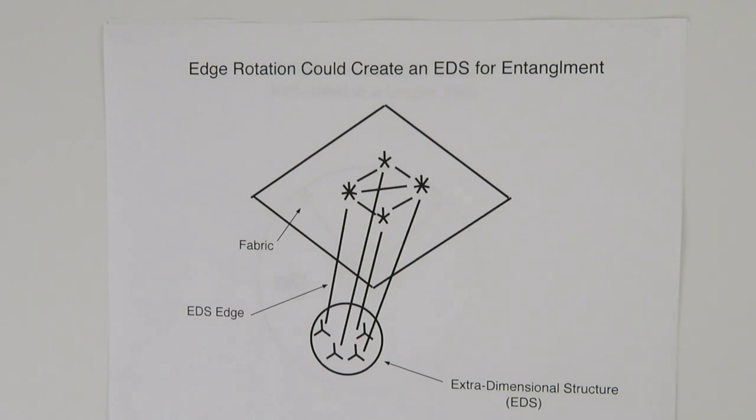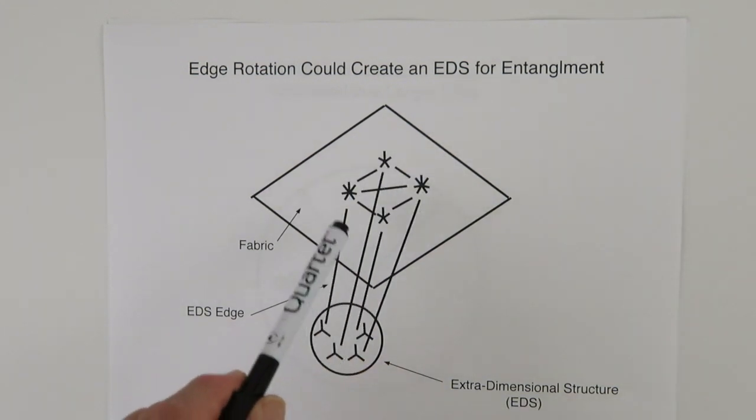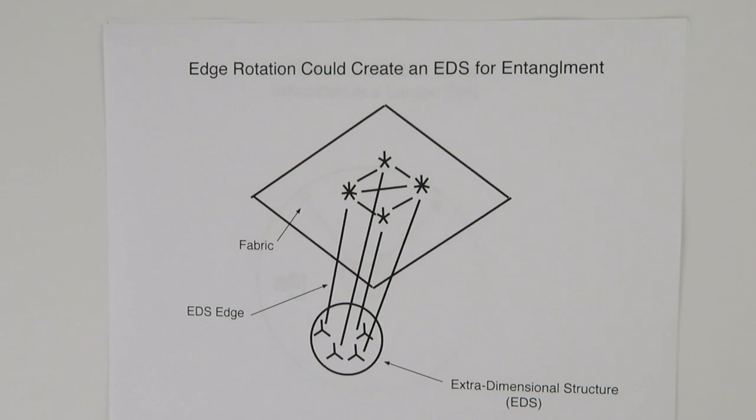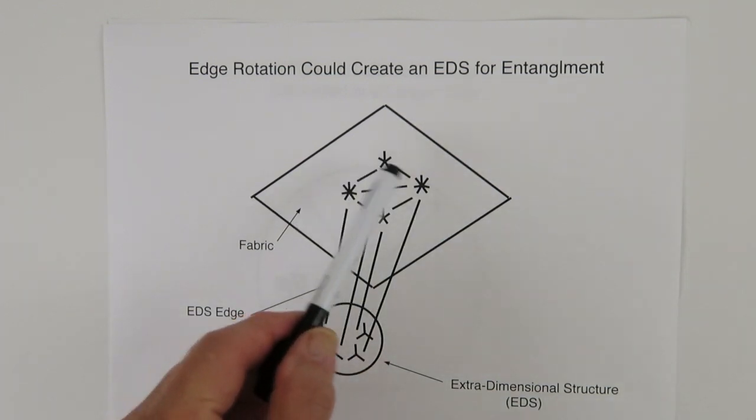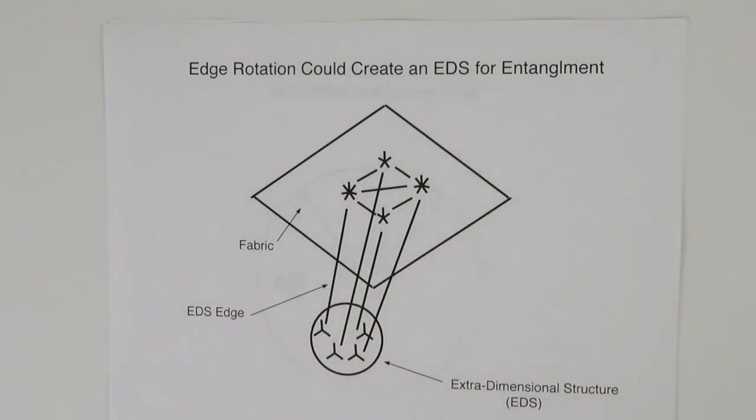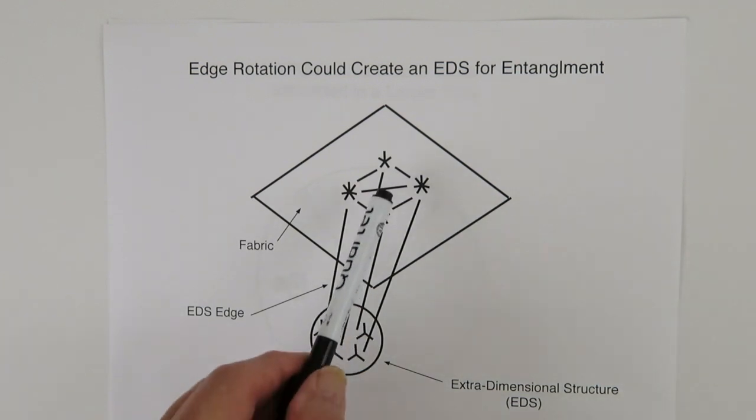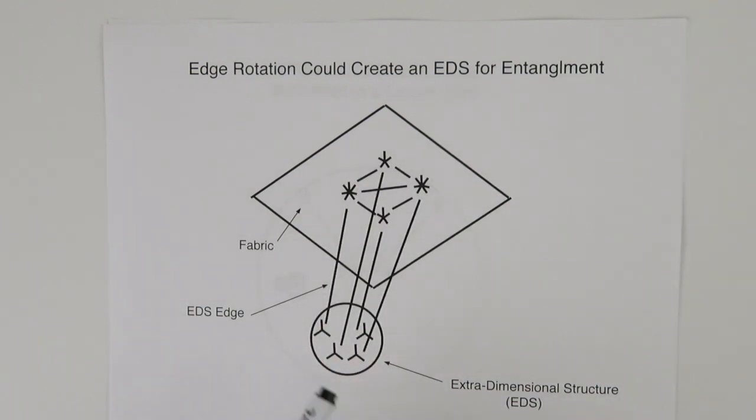There was the question of whether an event like this should be formed, or could it be formed? Because in principle there needs to be some trigger, and I don't think I've found that yet. But supposing that question was resolved, now that we have the EDS idea, we could consider that when this edge rotation occurred, a tetrahedral EDS was formed.